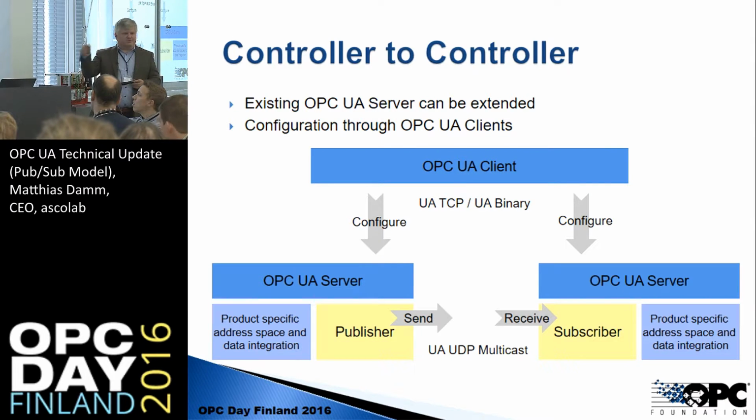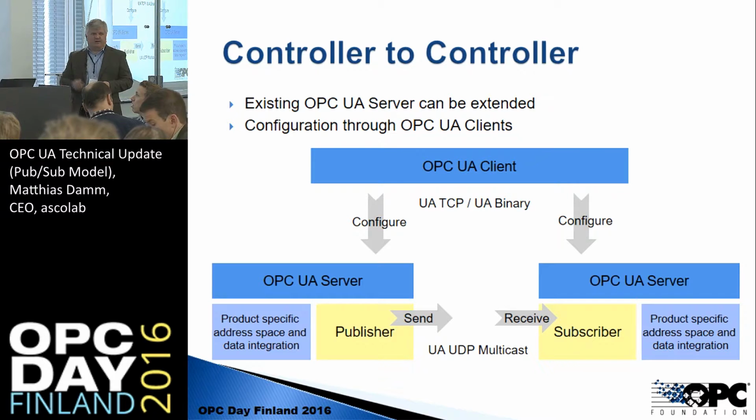And you can go into the subscribers and do the same thing. So you can, for example, configure a Beckhoff PLC to talk to a Siemens PLC just with a standard configuration model from a standard OPC UA client.